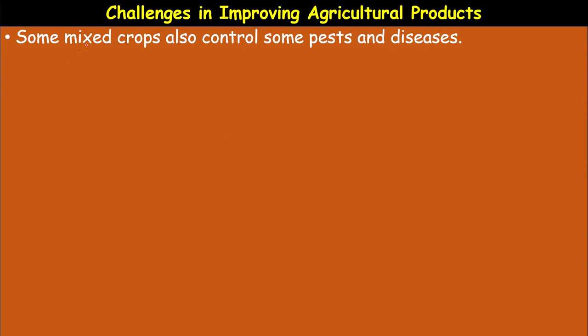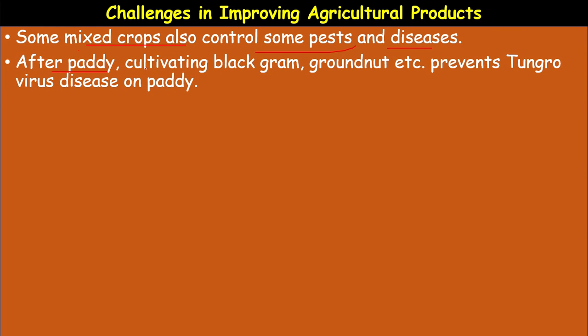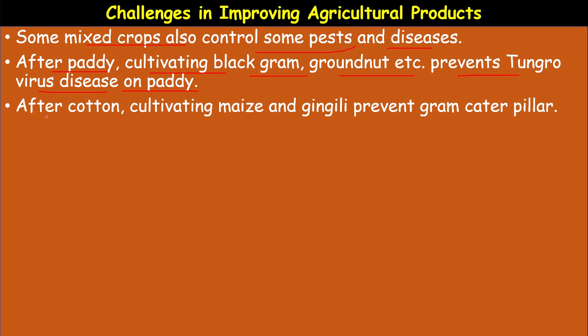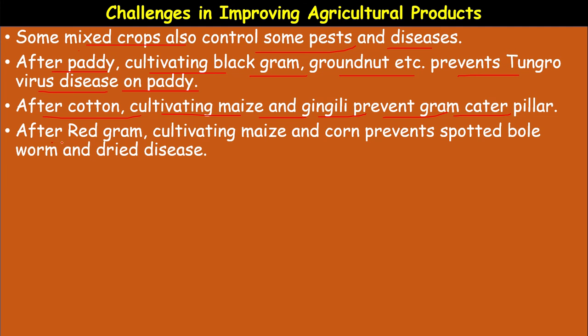Some mixed crops also control some pests and diseases. After paddy, cultivating black gram, groundnut, etc. will prevent virus disease on paddy. After cotton, we have to cultivate maize and gingerly, which prevents the gram caterpillar. After red gram, cultivating maize and corn will prevent the spotted bollworm and dried disease.